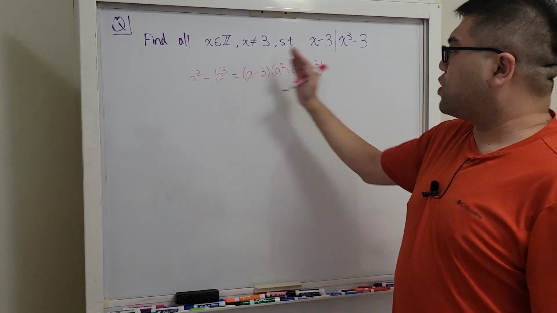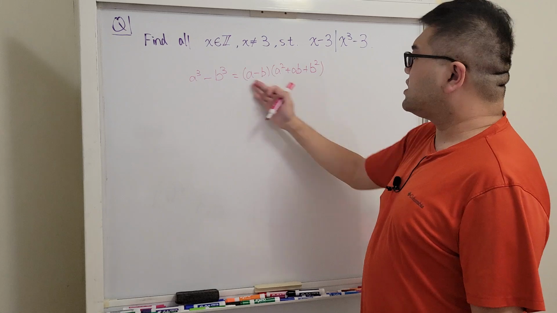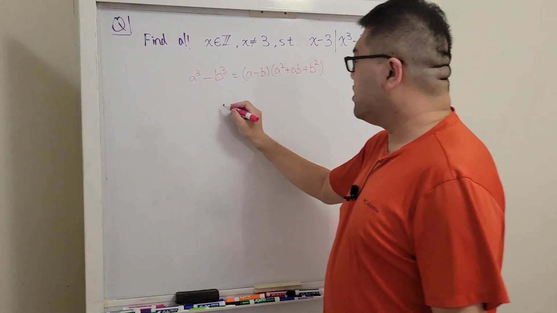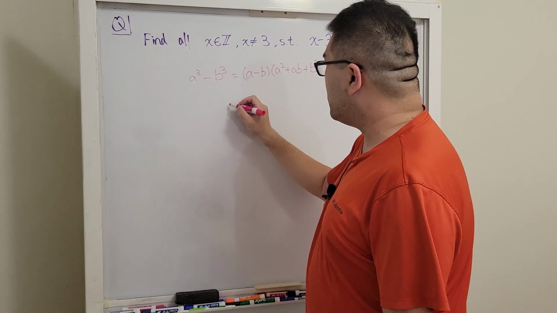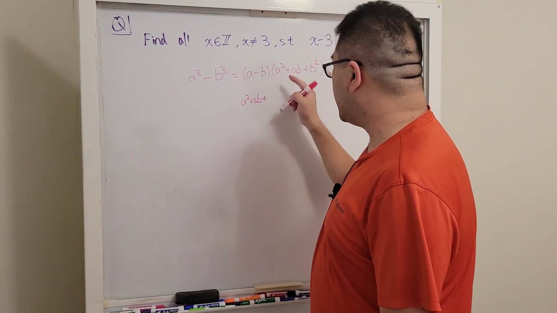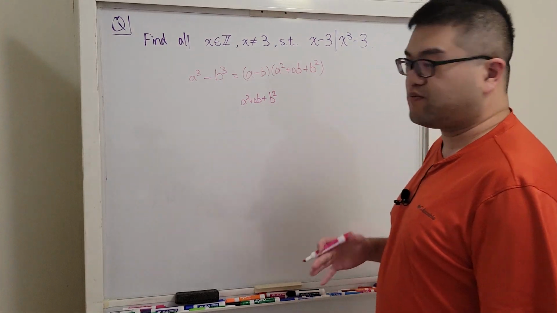Now, how is this going to help us? If we assume this is the expression of the division, then after we divide, we will end up with some integer part, which is the second factor here, a squared plus ab plus b squared.